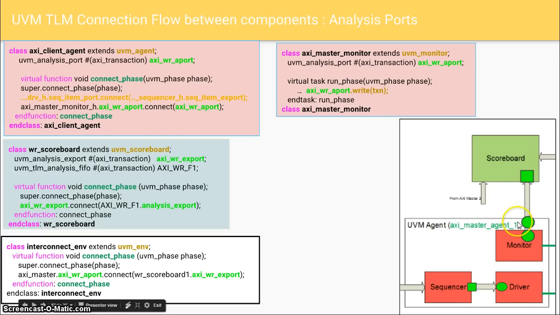These two components, the agent and the scoreboard, are available only in the environment. Thus this particular connection can be made only in the env class, the environment class. In the connect phase function of the environment class, you will be connecting the agent.analysis port to the scoreboard.analysis export, which will make this connection possible.